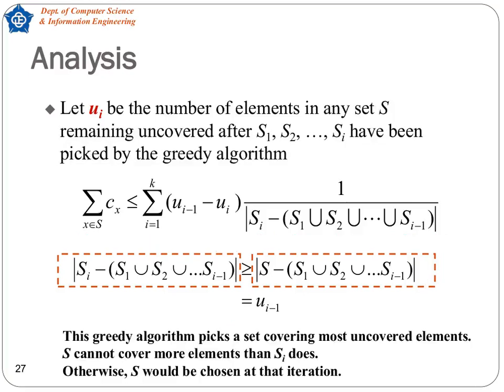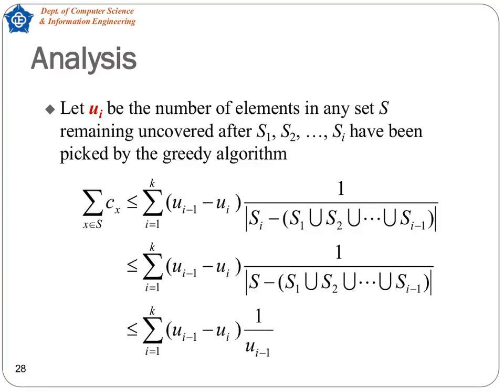Continuing from our last step, we now focus on a fixed set S and define u_i as the number of its elements that remain uncovered after the greedy algorithm has picked sets S_1 through S_i. Using this notation, we can express the total cost charged to S as the sum from i equals 1 to k of u_{i-1} minus u_i times 1 over the size of S_i minus the union of earlier sets. The key inequality here is that at every iteration, the greedy choice S_i covers at least as many new elements as S would at that point. Otherwise, S would have beaten S_i to the punch.